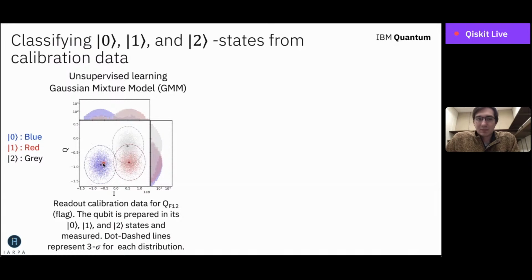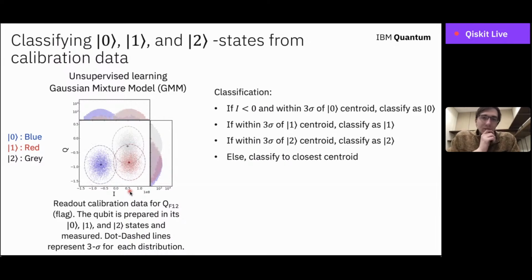There's some mean and standard deviation of the I and Q values that you get for each of these preparations. The way we propose to classify a certain measurement is that if I is less than 0 and you're within 3 sigma of the 0 state, in blue here, then you classify the measurement as 0.